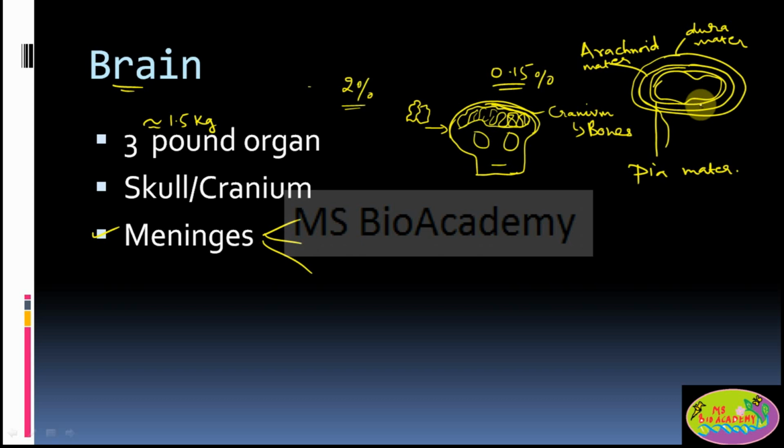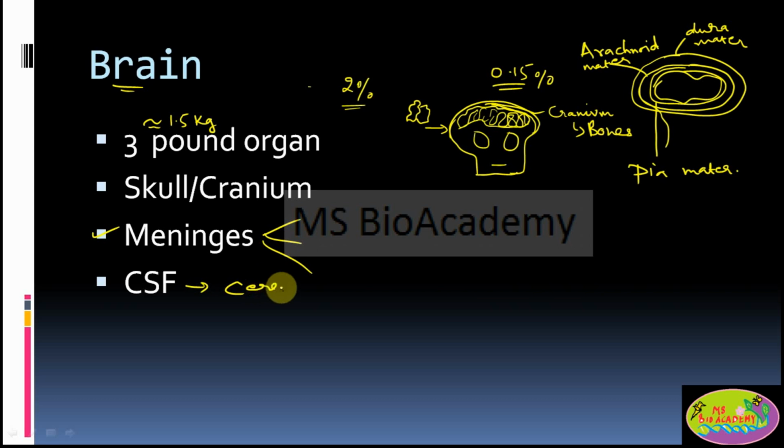Otherwise, in normal cases, whenever you bang your head on the wall or somewhere, nothing happens to your brain. This is because of these 3 important protective things covering the brain. First is the skull or the cranium, second is the meninges, and third is a fluid, the cerebrospinal fluid.